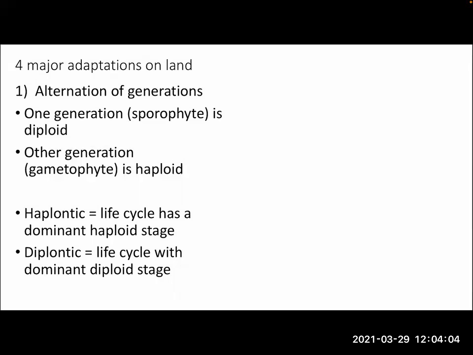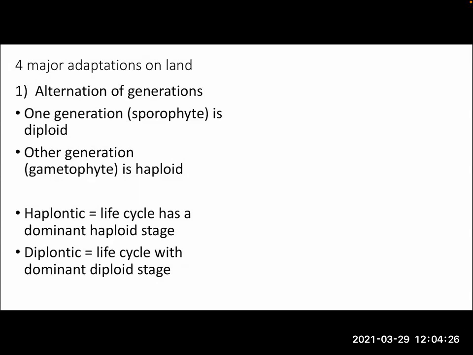So a plant can be, the haploid version can be the dominant portion, and that would be referred to as a haplontic life cycle. If the plant is diploid for a majority of its cycle, then that plant is referred to as a diplontic life cycle.